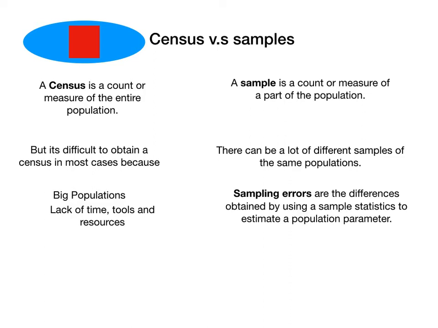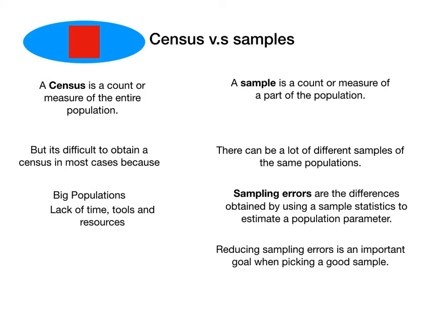Because we're using samples to make conclusions about the population, there are always sampling errors, which are the differences between the actual population measurements and the measurement that you get from a sample.